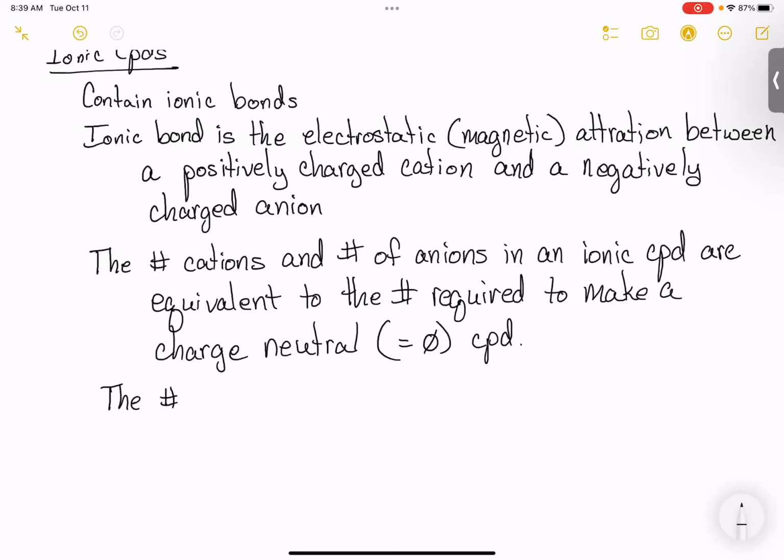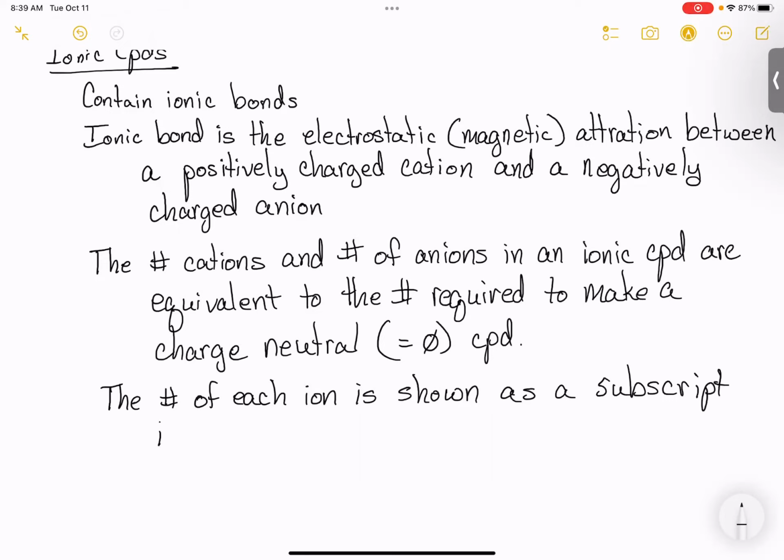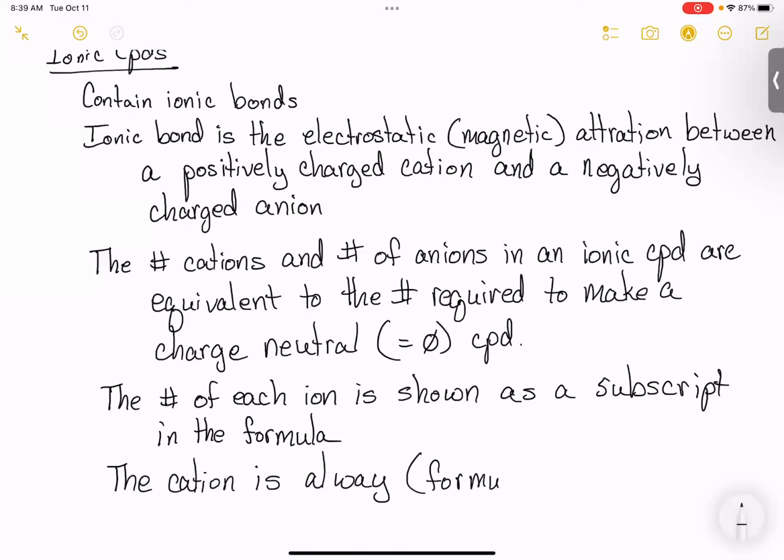The number of each ion is shown as a subscript in the formula. The cation is always listed first.